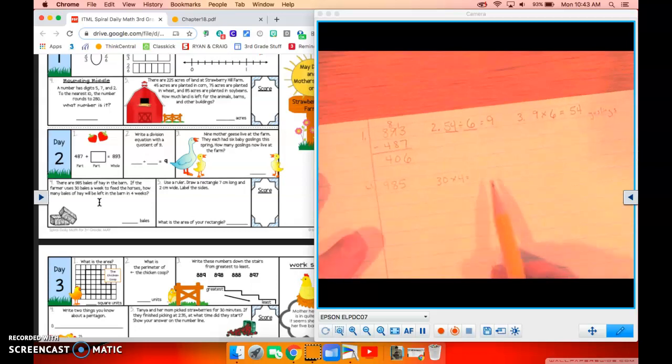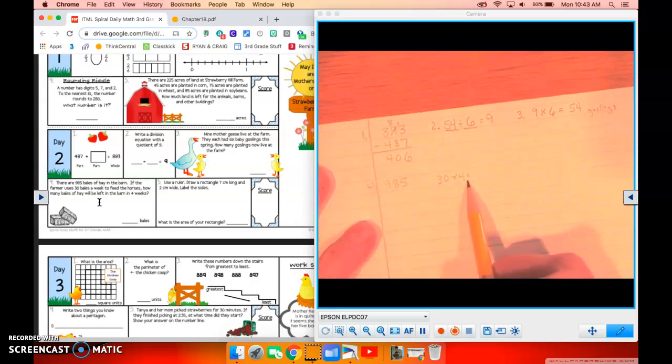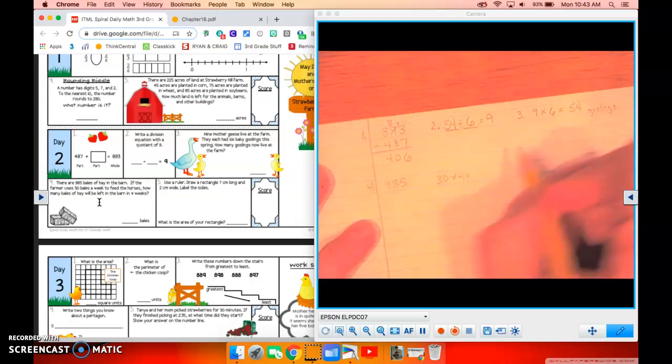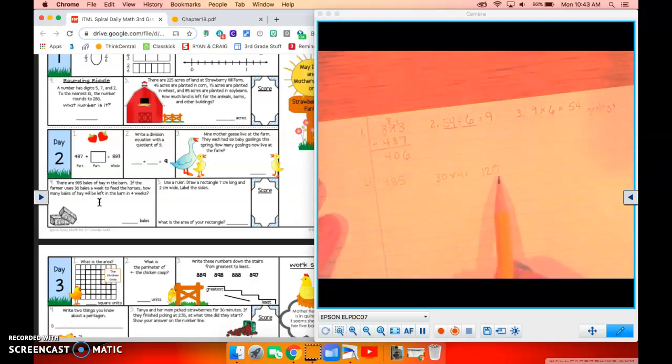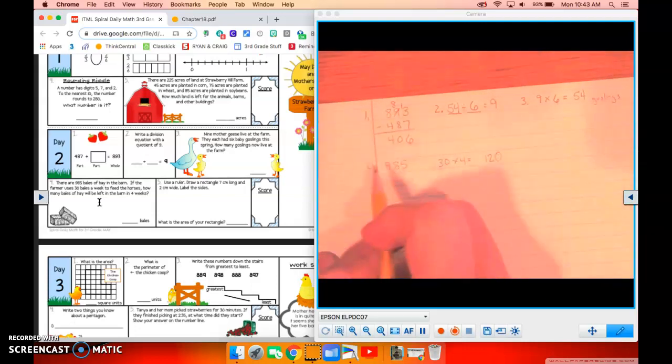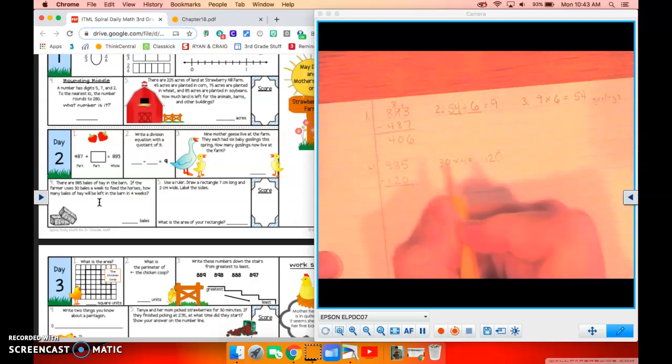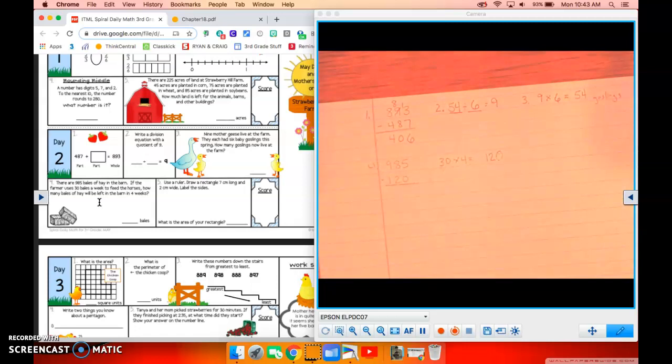So 30 times 4, that's 3 tens times 4. 3 times 4 is 12, so 4 times 3 tens is 12 tens. Remember, I got to add our 0 in there. So 120 bales of hay in 4 weeks. Now that we know 120 bales of hay, we can take that away from how many bales of hay started in the barn.